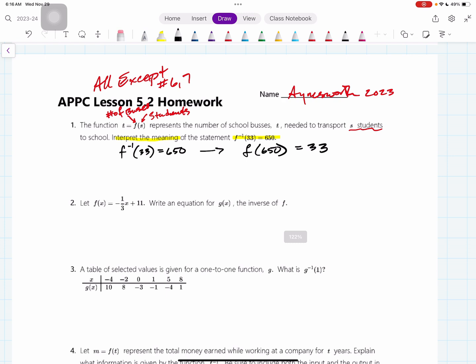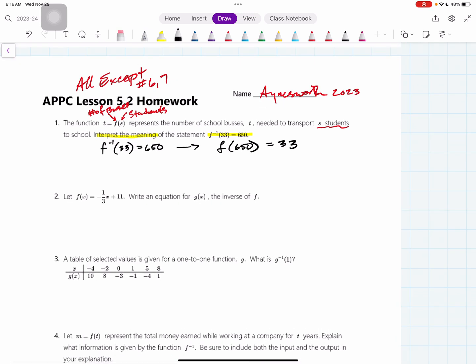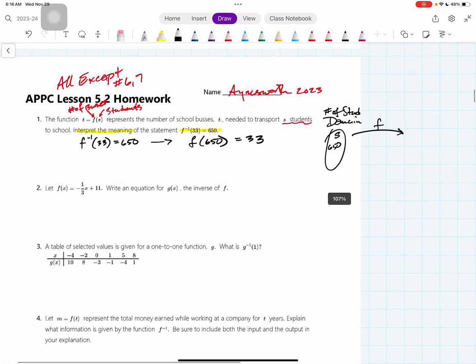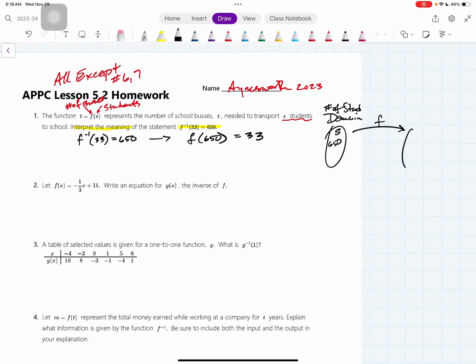Conceptually speaking, in the domain of the function we have 650. The domain is the number of students. This is s. Then the function f takes it: you put 650 students in, and figure out how many school buses you need.